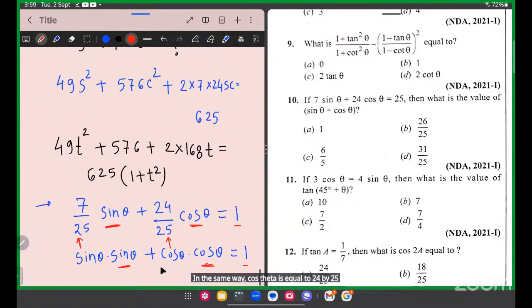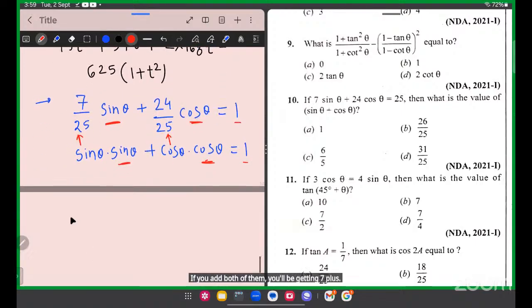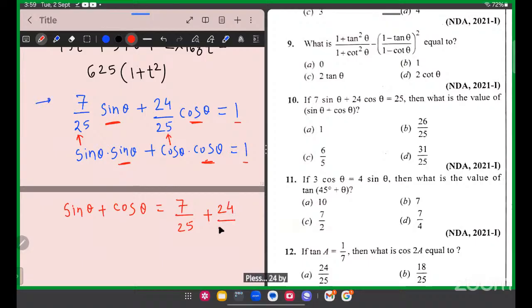If you add both of them, sine theta plus cos theta is equal to 7 by 25 plus 24 by 25, which is equal to 31 by 25. So the final answer is option D.